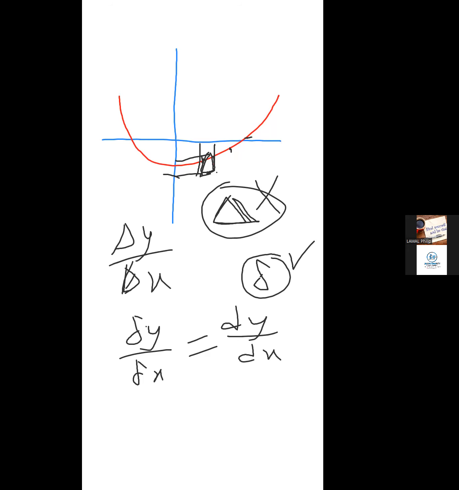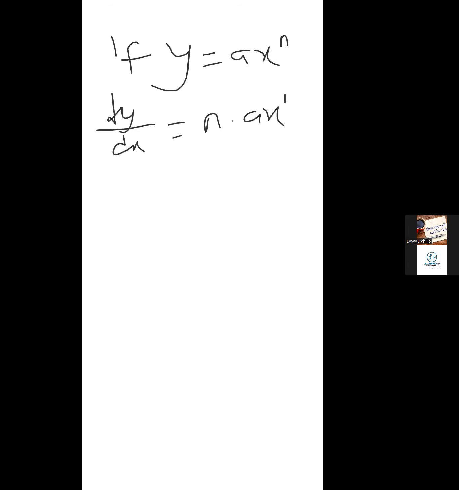So if this is the rule, if y is equal to ax raised to power n, then dy dx will now be equal to n dot ax raised to power n minus 1. This is very important.